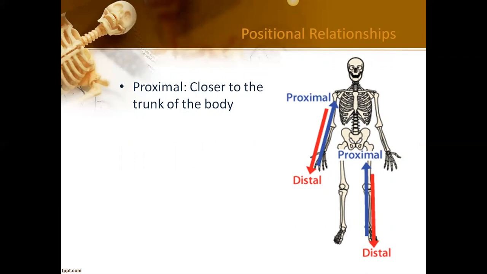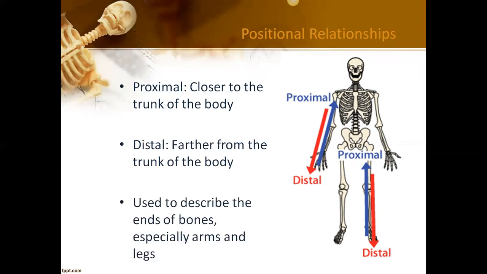So, for example, the bone that comprises the top of your arm is called the humerus. That is more proximal than your fingers are, since it is closer to the trunk of the body. If it's farther from the body, we refer to that as distal. So your fingers are more distal than your humerus is, because it's further. And we use these terms to describe the ends of the bones, especially the arms and legs.